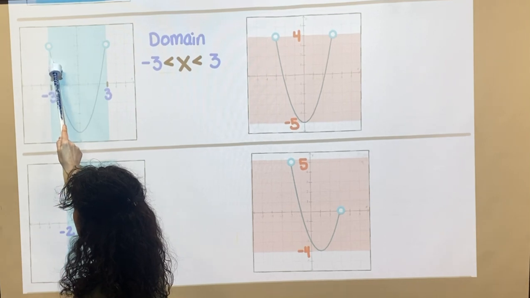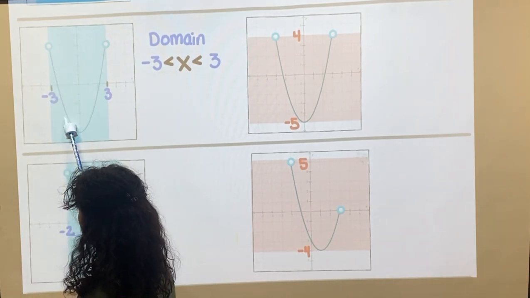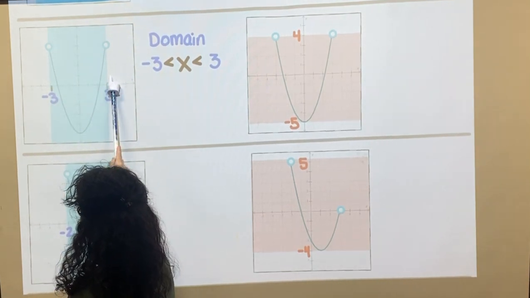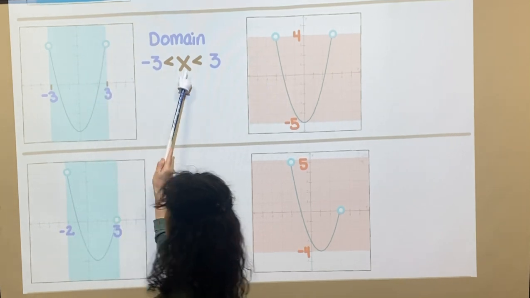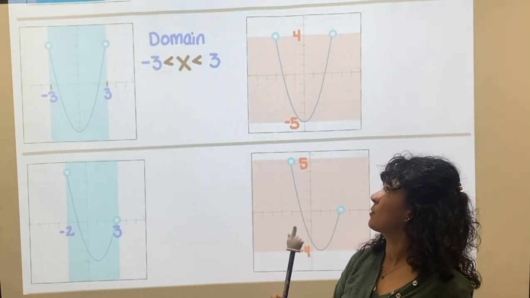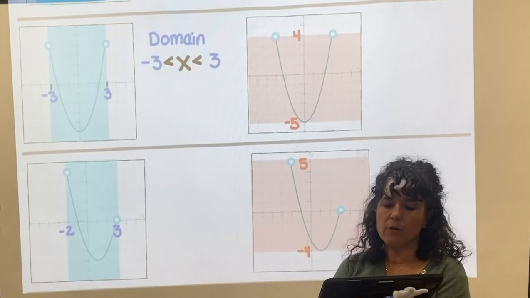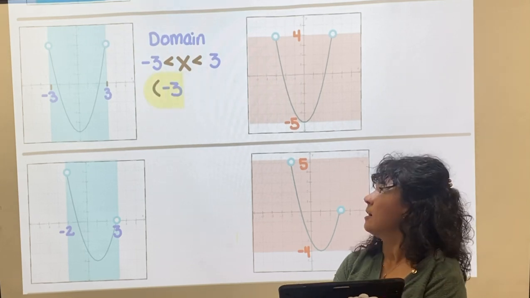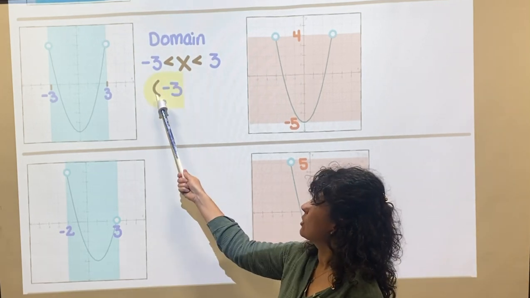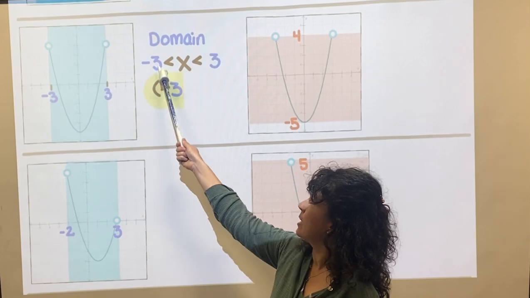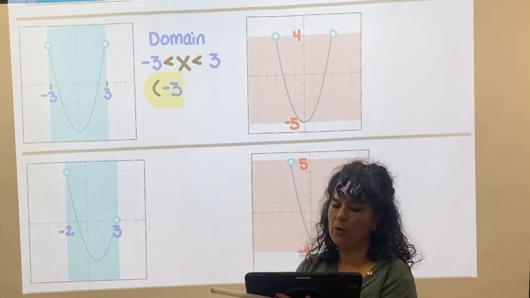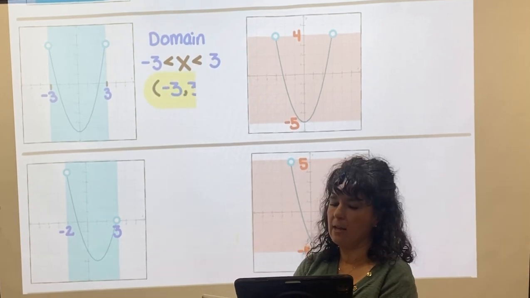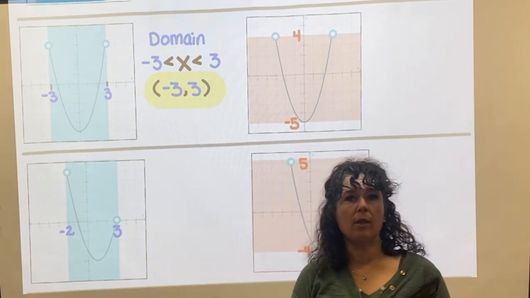Then we have all of these points of different x coordinates, but when I get to 3, that points out. So my x's are going to be between -3 and 3. Using interval notation, no underline, so parenthesis, -3 through, and then 3 parentheses.